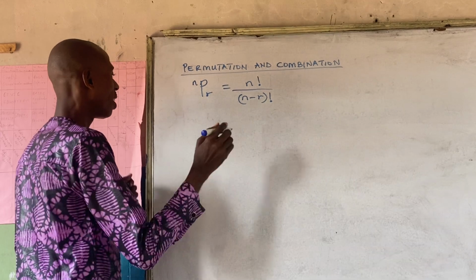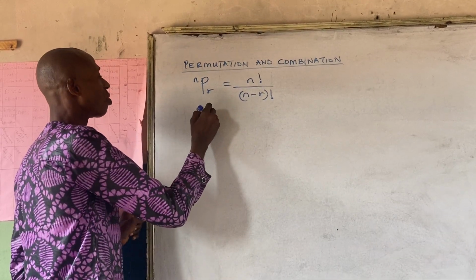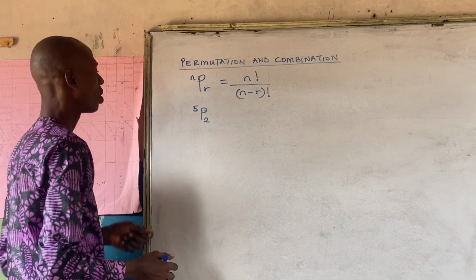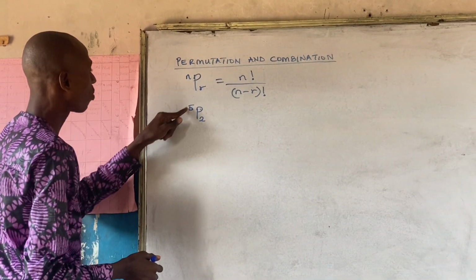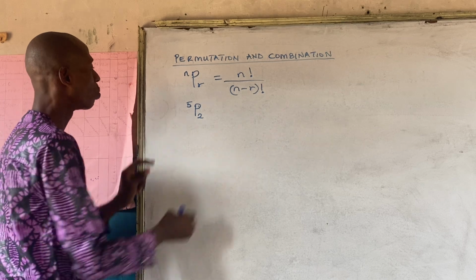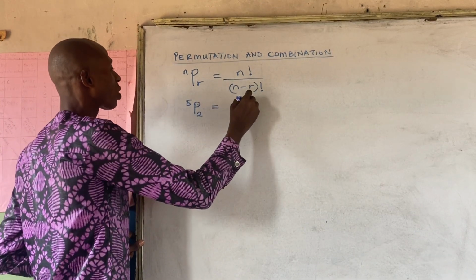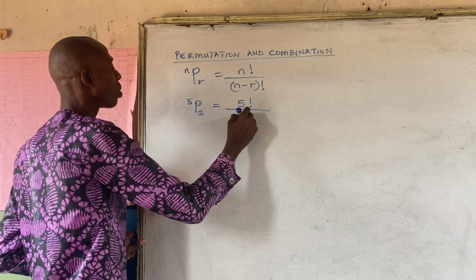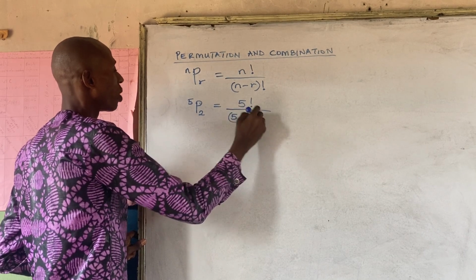Very quickly, let's assume we have 5 permutation 2. You ask, how are we going to do this? Of course, your n here is 5, your r here is 2. So we have 5 factorial, following this formula, all over 5 minus 2 factorial.